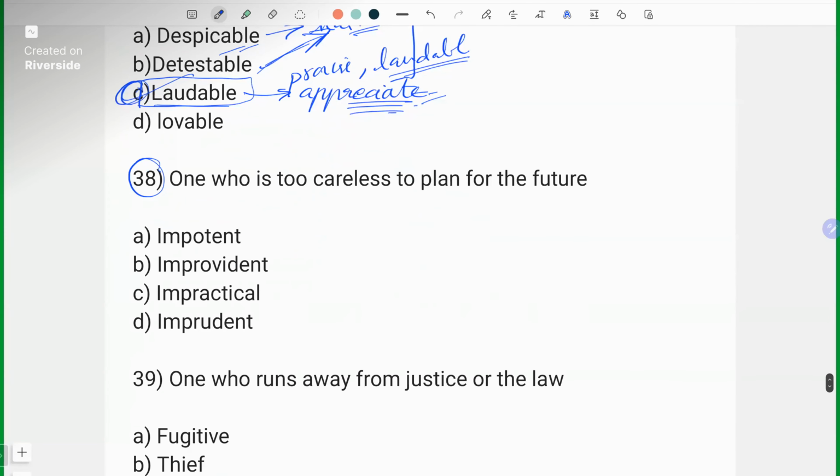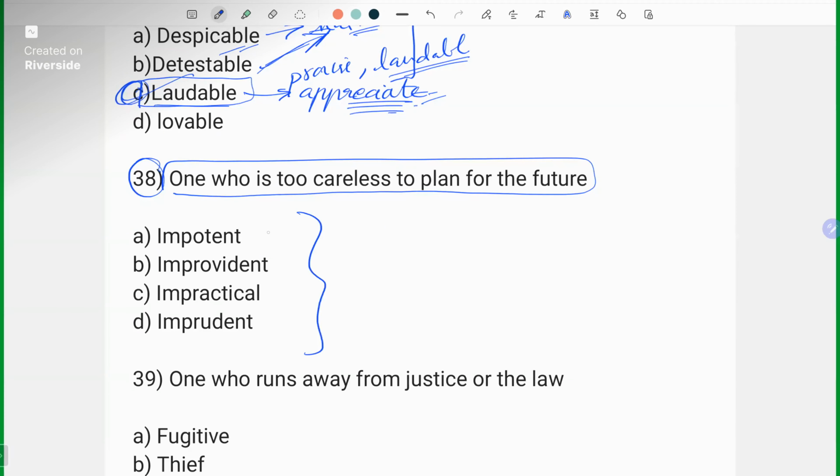Question 38. One who is too careless to plan for the future. Impotent means helpless, unable to. That is the direct meaning. Impractical means not practical, not understanding reality, you know that. Imprudent: prudent is very sensible, careful.